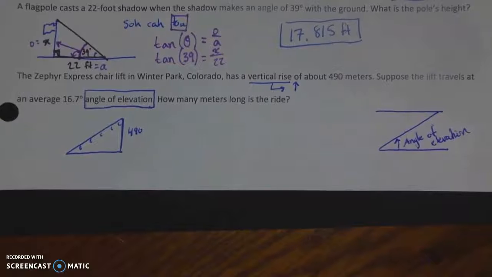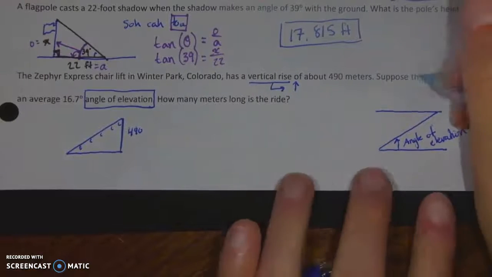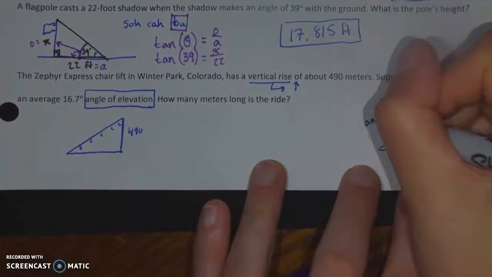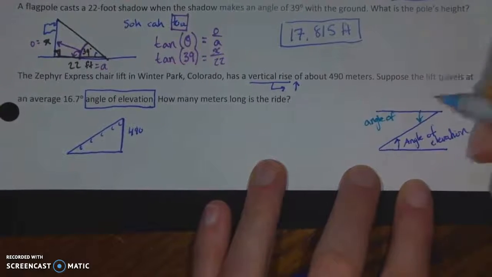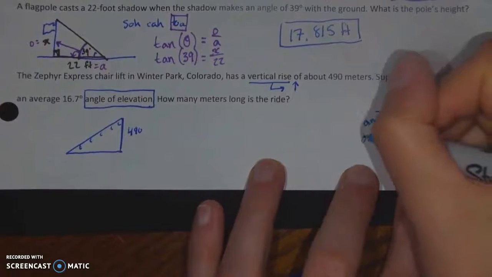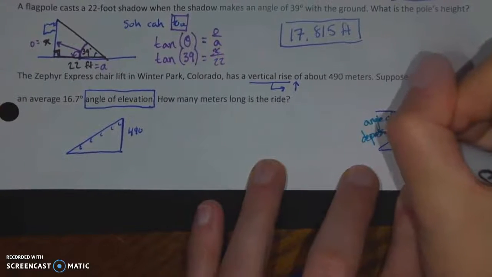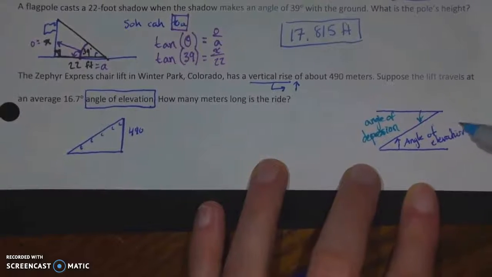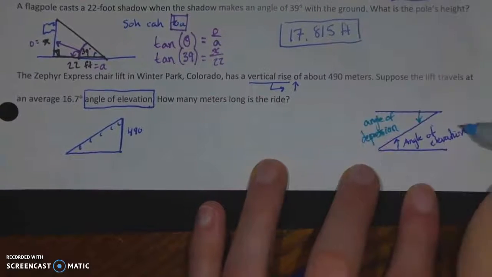But with this, there's also a second angle that we call the angle of depression. Not because it's depressing, which maybe it is to you, but because it's the depression or the dip from horizontal. Now, it just so happens that the angle of depression equals the angle of elevation.